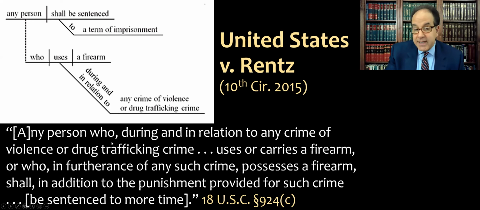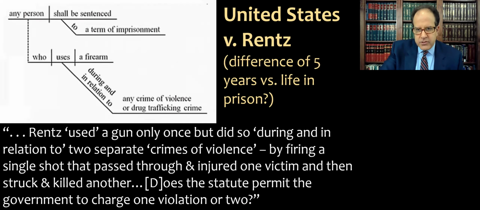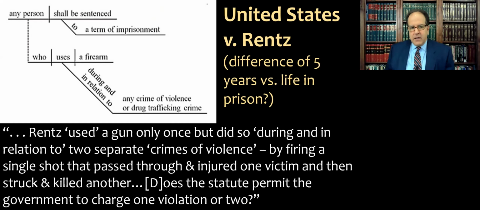But this is what the case turned on: how many crimes were committed during the use of a gun. Specifically, Rentz used a gun only once, but he did so during and in relation to two separate crimes of violence, one could argue. He fired a single shot from his rifle, and it passed through one victim and then hit a second person standing behind that person and killed the second person.